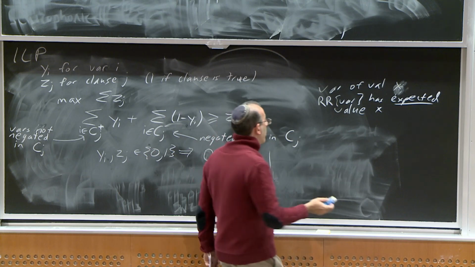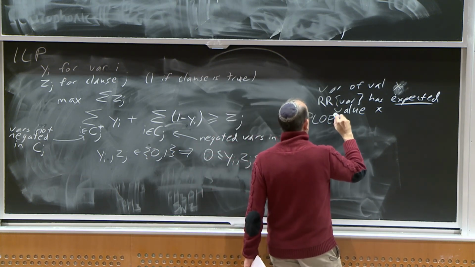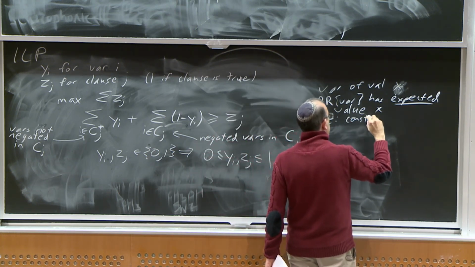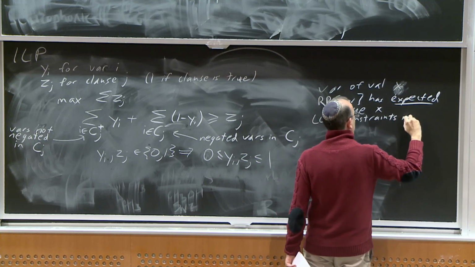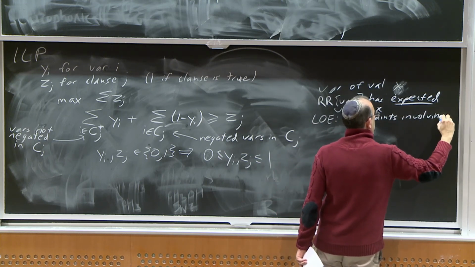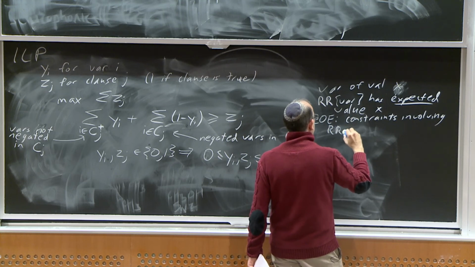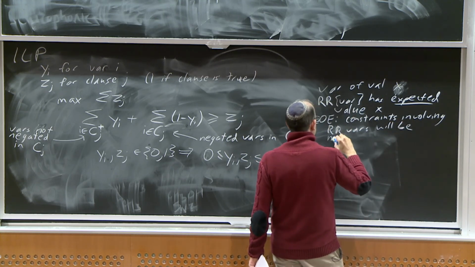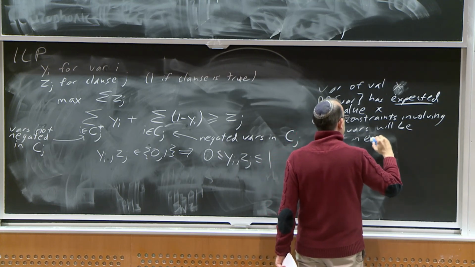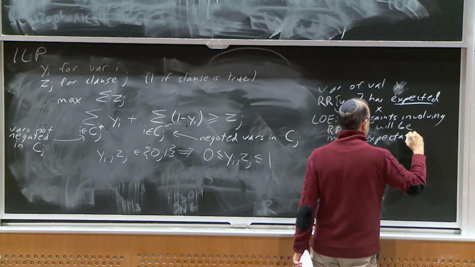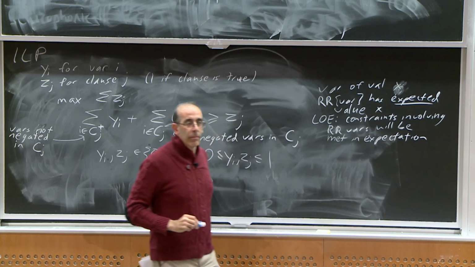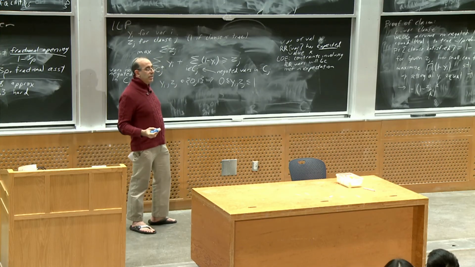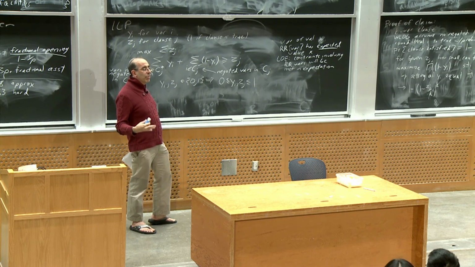And thanks to linearity of expectation, this tells us that constraints involving these randomized rounded variables will still be met in expectation. And this just says you still get a lot of what the fractional linear program gave you as you move to integers.